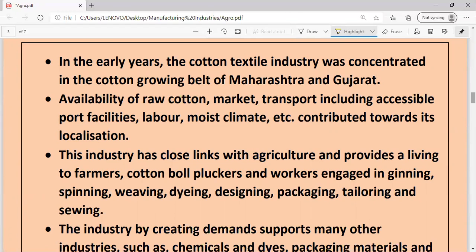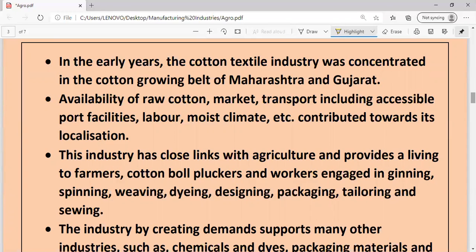And why? The reasons are given below. As I told you, availability of raw cotton. Cotton plants grow abundantly in the black soil region of Maharashtra and Gujarat, and because of that, it is very easy to get raw cotton. Then market, a huge market is there.